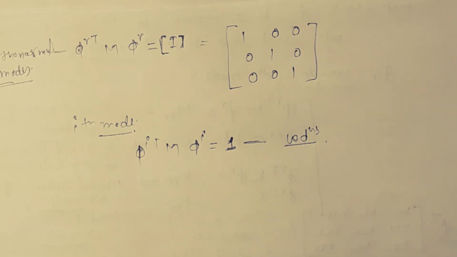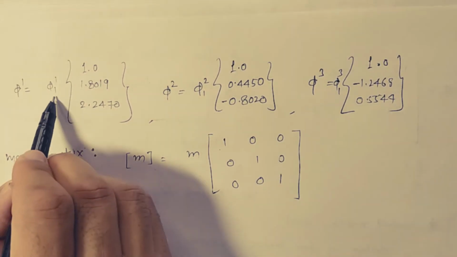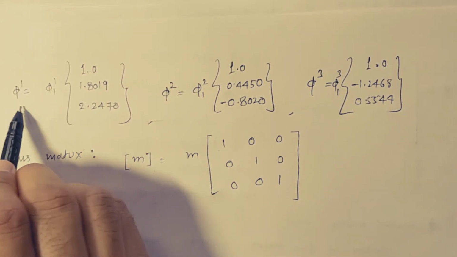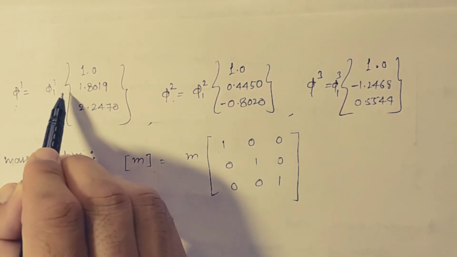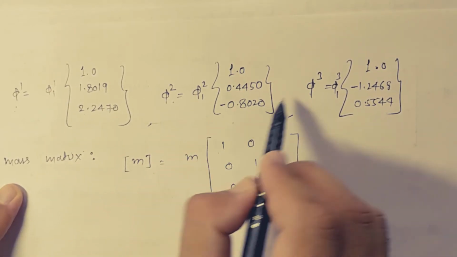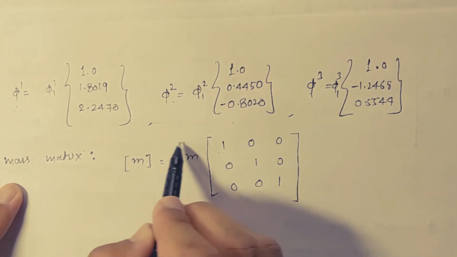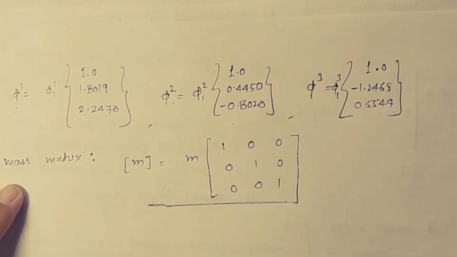So from the last lecture, if we take the mode shapes from that particular example, the mode shapes were phi 1, phi 2 and phi 3, something like this. This was the first mode, this was the second mode, this was the third mode, and this was our mass matrix in that particular example.